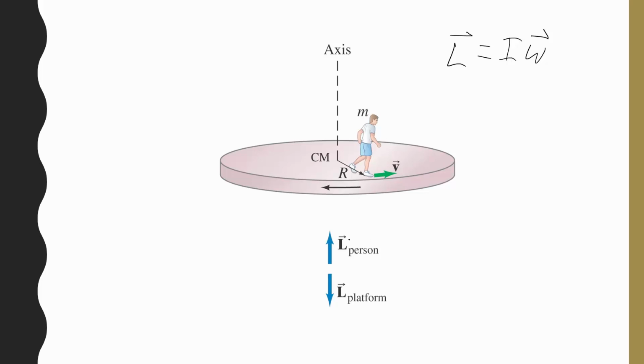And so their angular momentum would be up, but just like with linear momentum, if we create momentum where there was none to begin with, we need to have momentum in the other direction to cancel it out. So the disk is going to start rotating the other way, and if you curl your fingers in that direction, your thumb will be pointing down, and so the angular momentum of the platform will cancel out the angular momentum of the person so that we can conserve angular momentum.